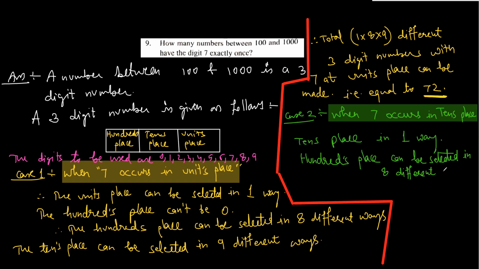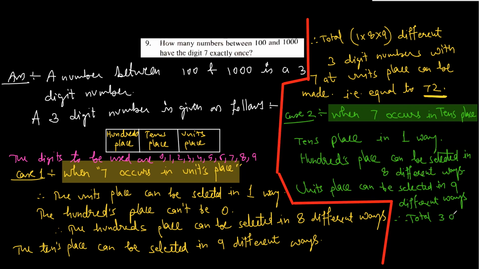After this we have the last one, units place. Units place can be selected in, now see, for units place I cannot have 7, but I can have 0. So again 9 different ways.